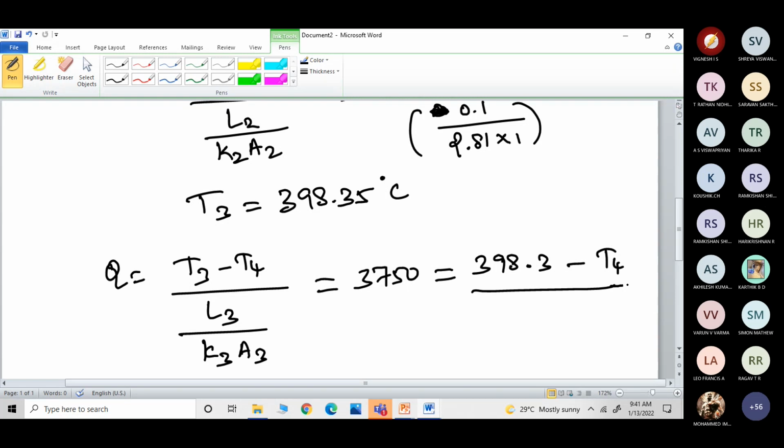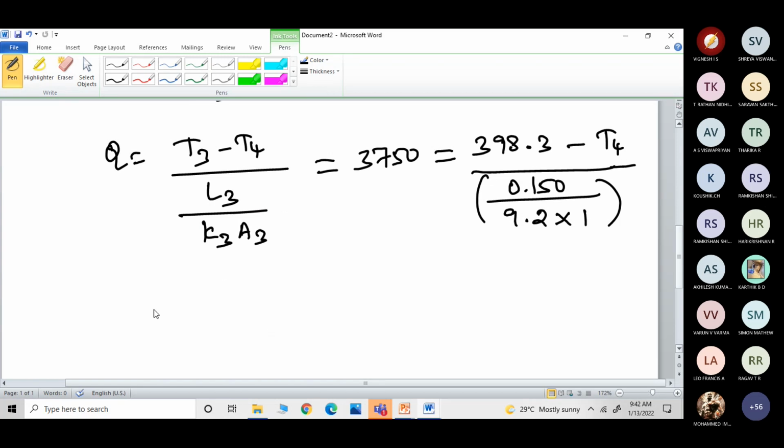So how much are you getting for T4? 337.2 degrees. Okay, very good.